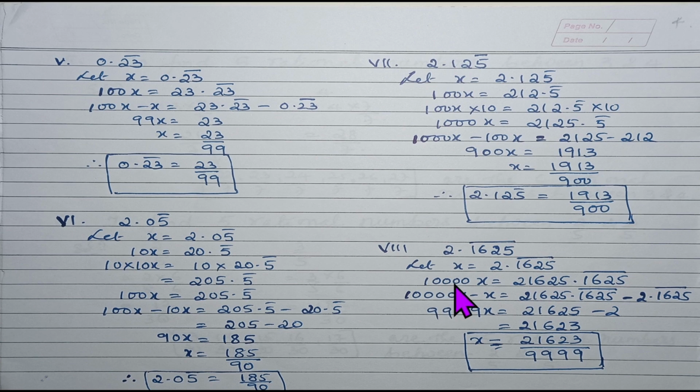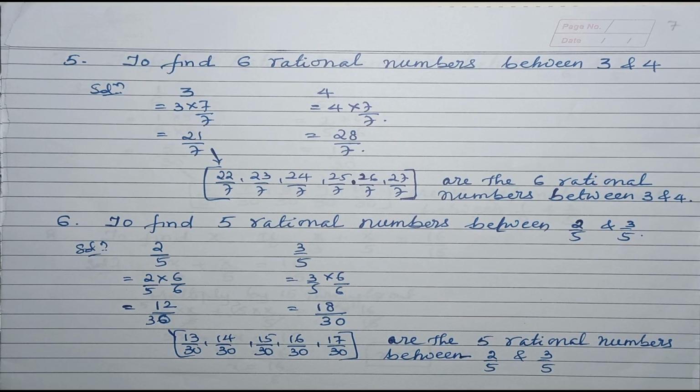Subtract x from 10,000x, and therefore we get 9,999x is equal to 21625 minus 2, because 1625 bar and 1625 bar will get cancelled, and therefore it is 21623 divided by 4 nines, and that is the value of x, and that is 2.1625 bar is equal to 21623 divided by 4 nines. So that is the conversion of the decimal expansions.